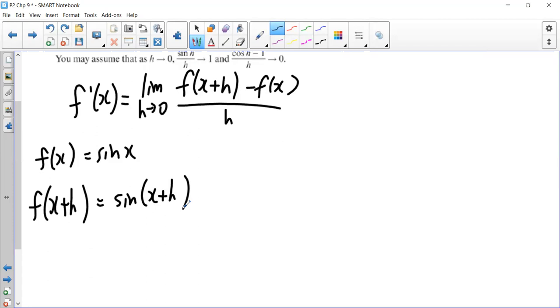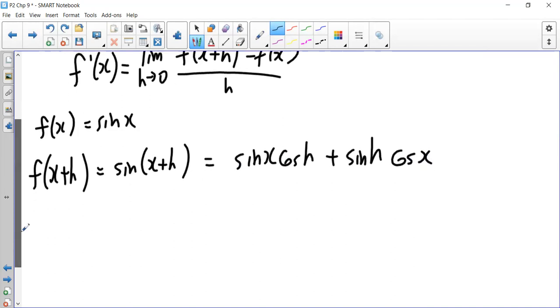So you replace x with x plus h. So sine of x plus h. I will then use the compound angle formula, sine of a plus b is sine a cos b plus sine b cos a.